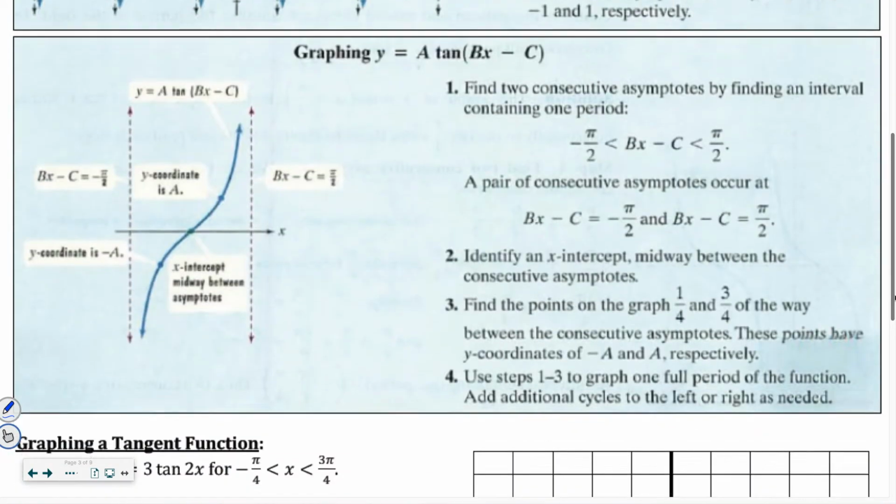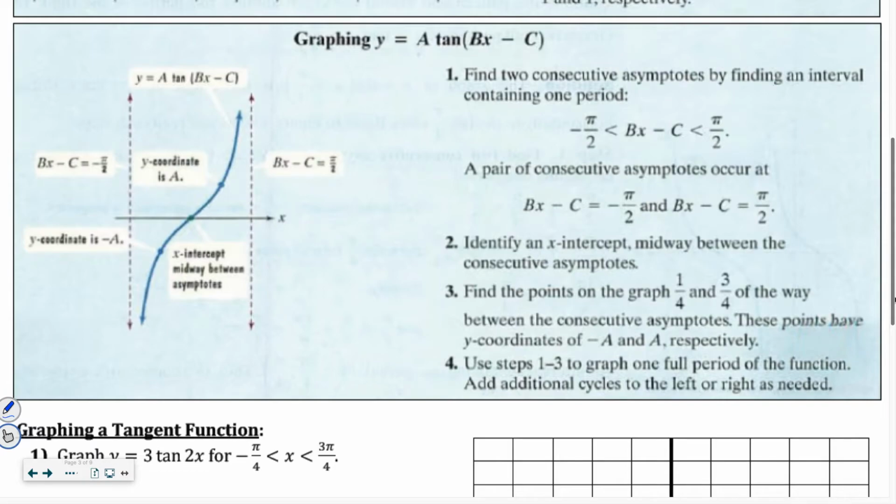But we're going to take a different tack just because it seems to work better for tangent. We're going to look at where the asymptotes occur, using this little piece of information right here. This is called the argument of tangent, what we plug in.